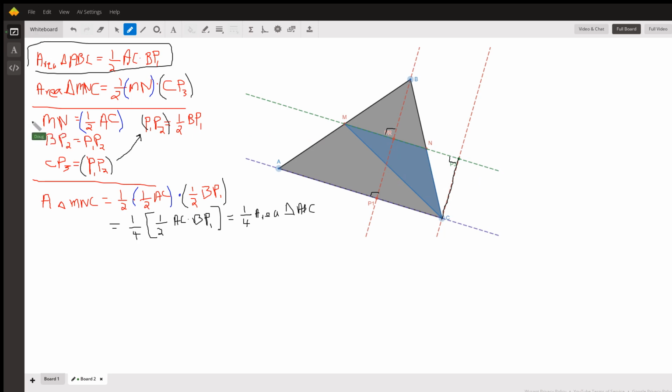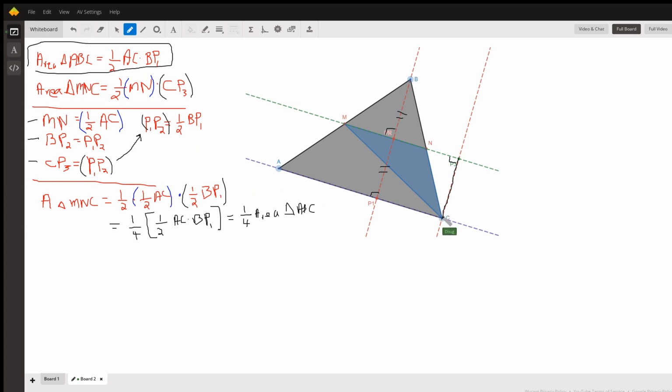So here are some pieces of deduced information that allow us to draw the conclusion. MN is 1/2 AC. We've already seen that by the midpoint theorem. BP2 is congruent to P1P2. That means this segment is congruent to this segment, and that's because the big triangle and this little triangle at the top are in the ratio 2-to-1.